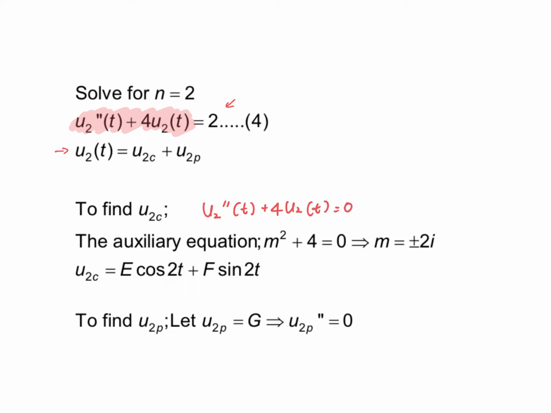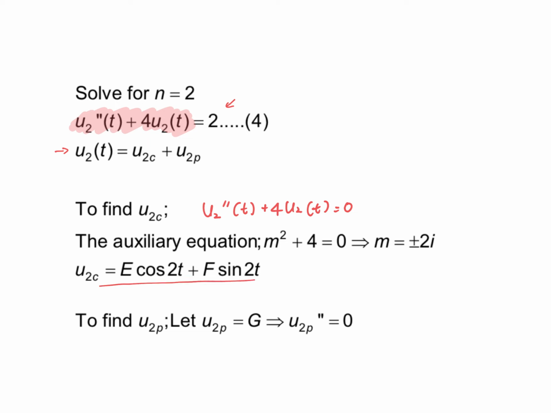By using the auxiliary equation, we will get m squared plus 4 is equal to 0. Then m is equal to plus minus 2i, and u2c will be equal to E cos 2t plus F sin 2t.